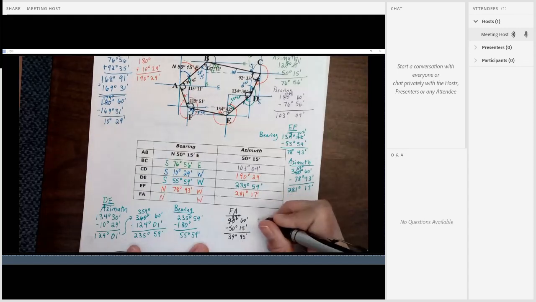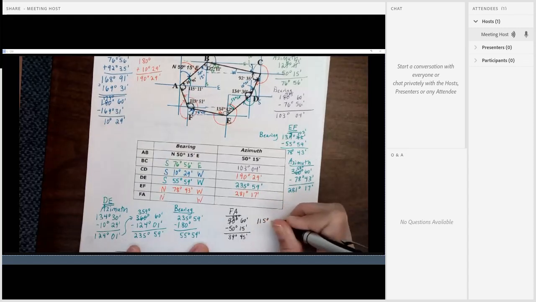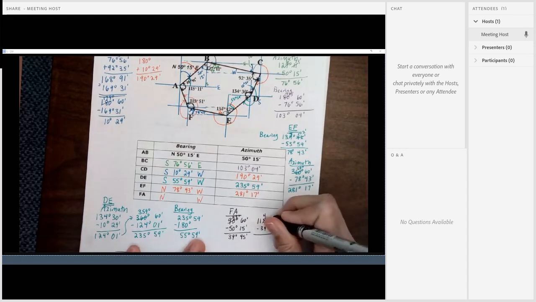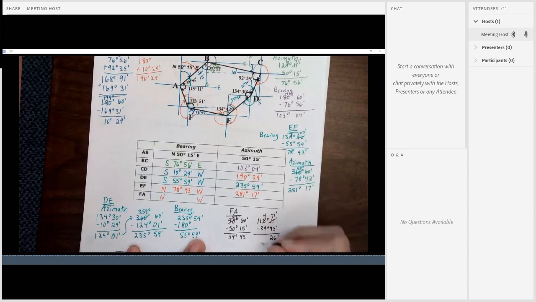So now I take 115 degrees, 11 minutes, and subtract 39 degrees, 45 minutes. Borrow here again, 4 and 71. So it becomes 26 minutes, 75 degrees.